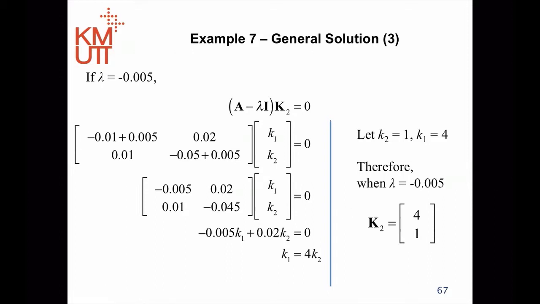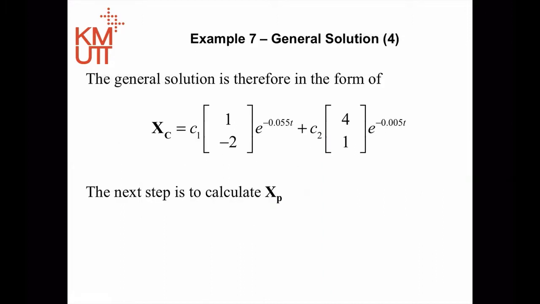These are the same processes that we did earlier in the first case. The form of the general solution would be C1 times the first eigenvector times e to the minus 0.055t, plus C2 times the second eigenvector with the second eigenvalue.